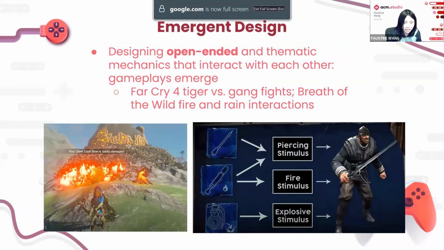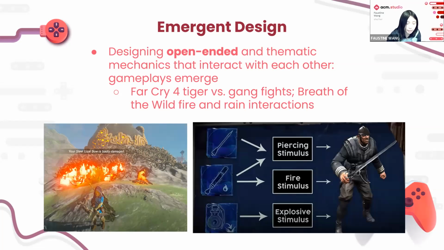Another type of design philosophy is called Emergent Design. Essentially, you will be designing open-ended and thematic mechanics and systems that will interact with each other. When this happens, very interesting gameplay might emerge. An example of that is in Far Cry 4, where players might initiate tigers versus gang fights because of how the AI is designed.